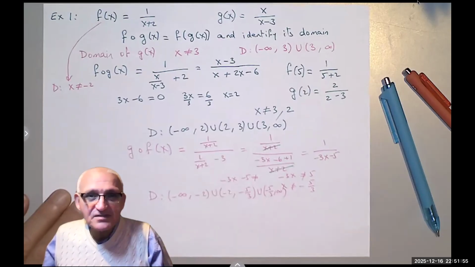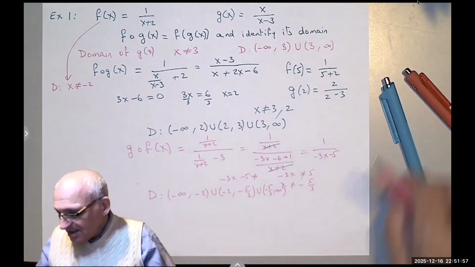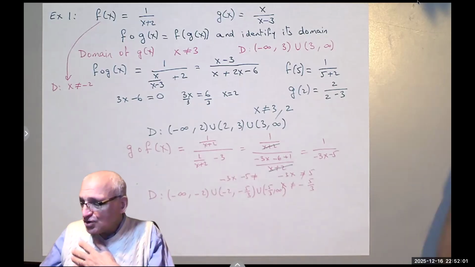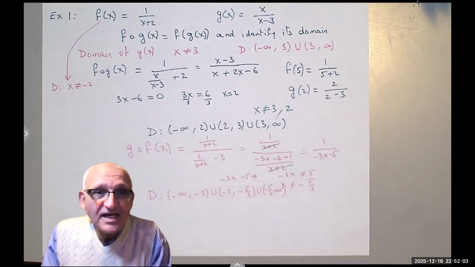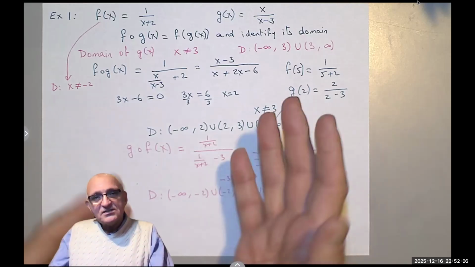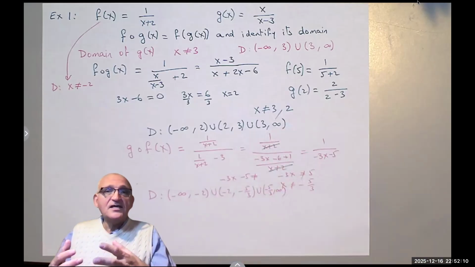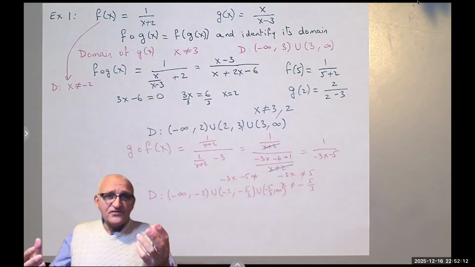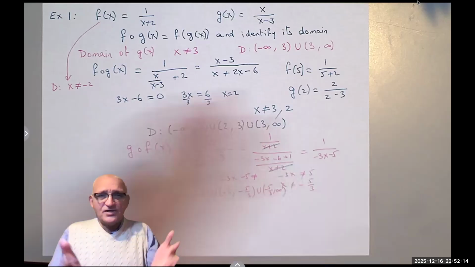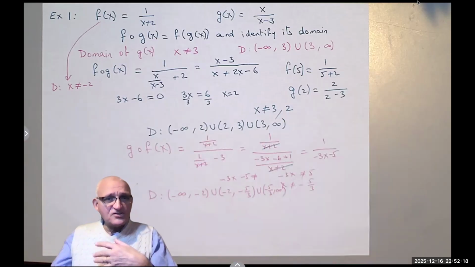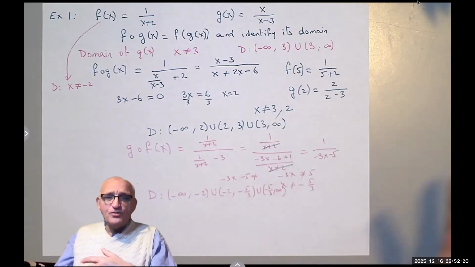I hope this was an easy session. Next time we will talk about inverse functions and how we can use the composite function to make sure that two functions are the inverse of each other. Notice you already know a lot of inverse functions, like the square root and the square, the cube root and the cube, the nth root and the power of n.